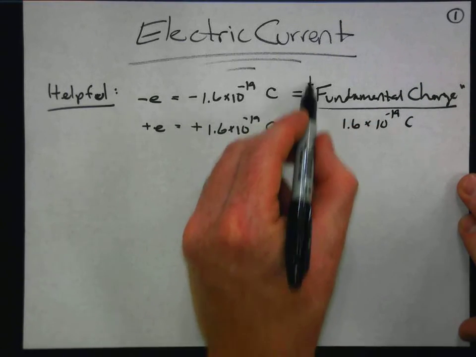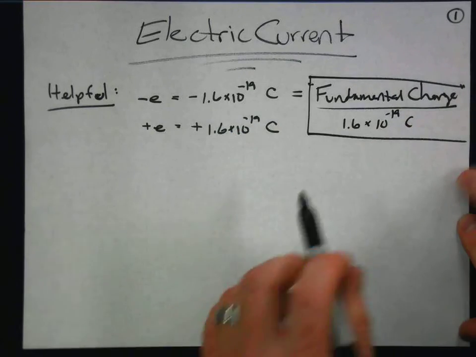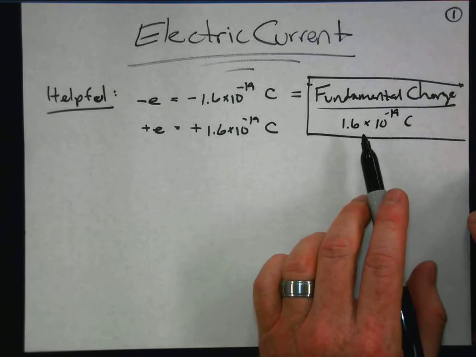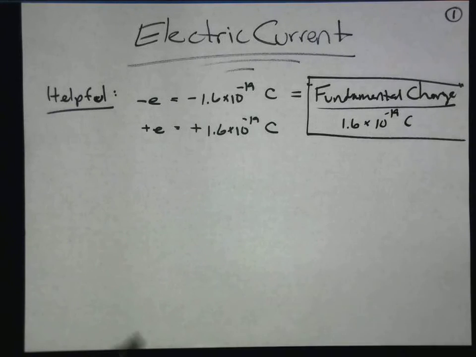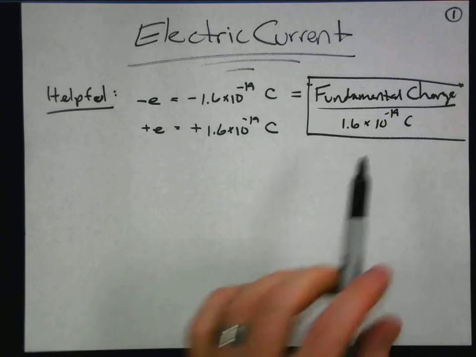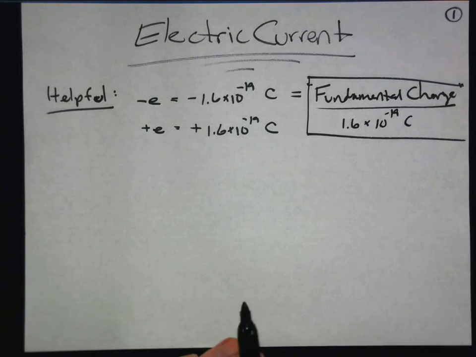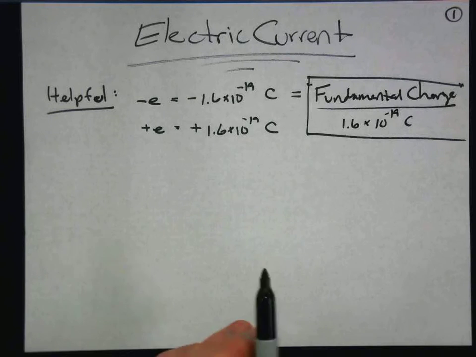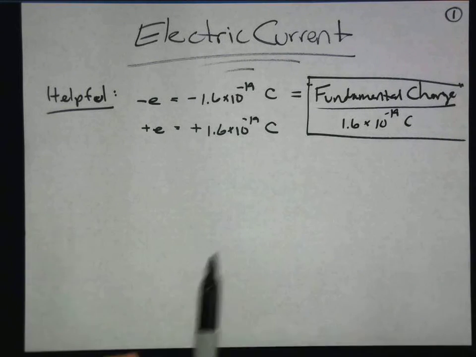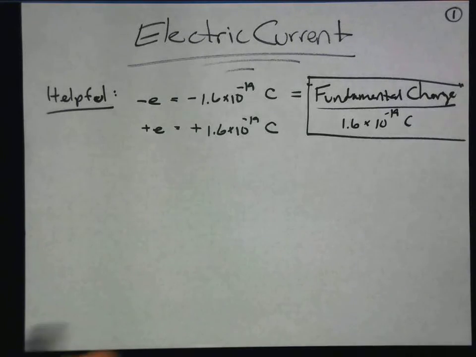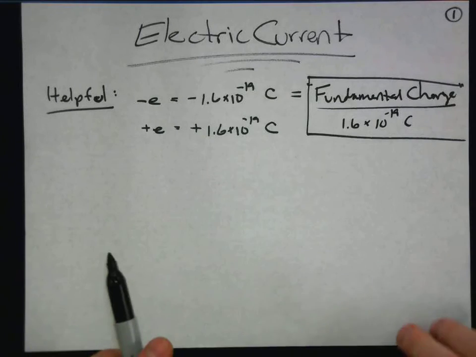This is the smallest amount of charge that a stable, independent kind of particle can have. So an electron is a stable particle, a proton is a stable particle, but nothing can have a charge smaller than that if it's a stable particle and doesn't have to be combined with anything else necessarily.